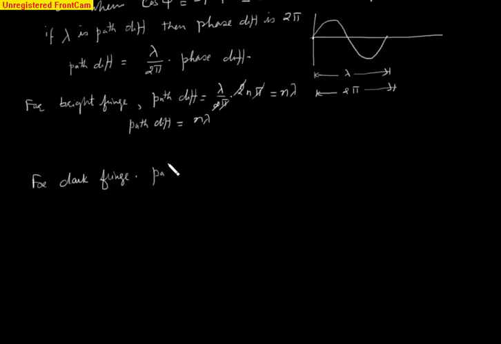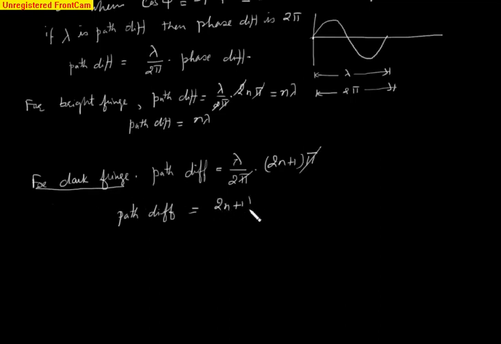For a dark fringe, path difference can be written as lambda over 2 pi multiplied by 2n plus 1 pi, putting the value of phase difference here. So pi will cancel now. We will get the path difference condition for a dark fringe as 2n plus 1, that is an odd number, times lambda by 2.